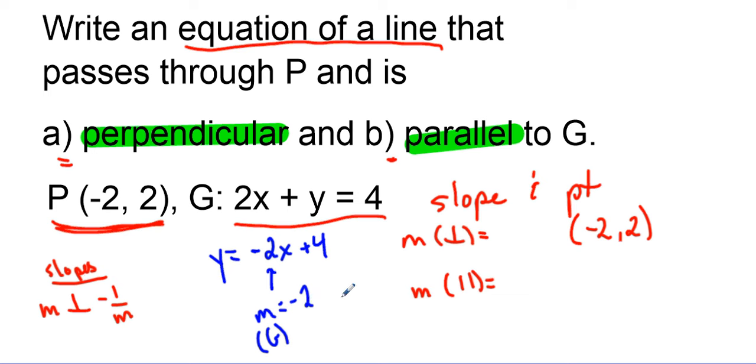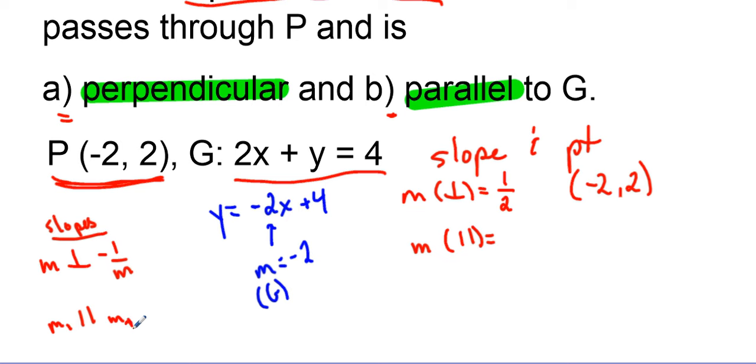Well, 2, and then the reciprocal makes it 1/2. That's the slope of the perpendicular line. Parallel lines have equal slopes. So if they're parallel, slope 1 will equal slope 2. So for this one, the slope is just going to equal negative 2, because the rise and run doesn't change.